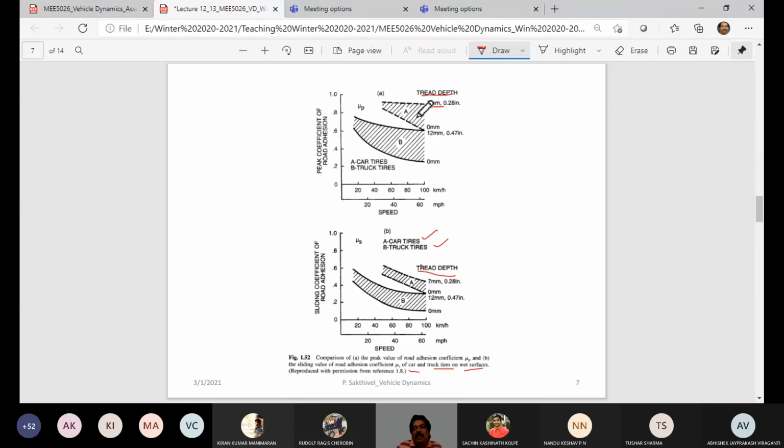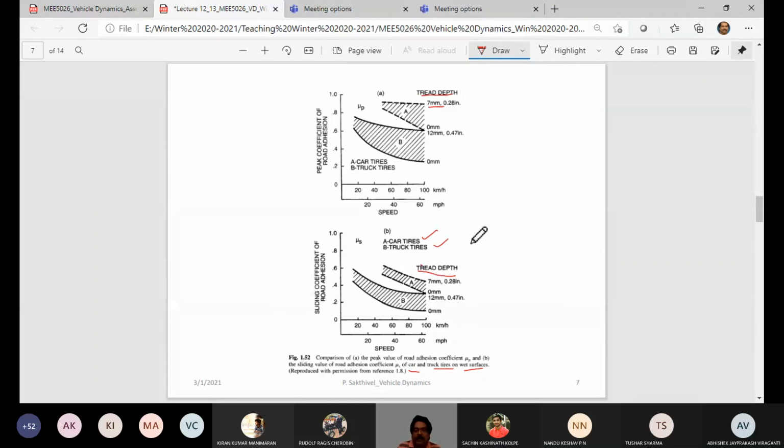But when you compare the car tire and truck tires, you see the variation here, maybe more pronounced at low speeds compared to when the speed increases. However, the performance of tires on the car is better than the truck, right? So this is the influence of tread depth.